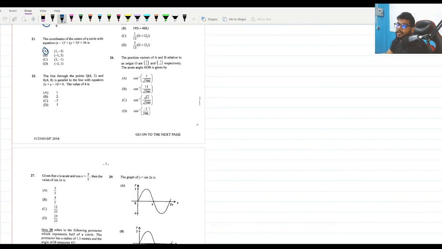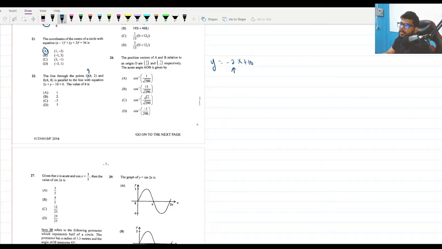So I'll calculate the gradient of this line here in the question. So y is equal to minus 2x plus 10. So the gradient is minus 2. So the gradient of QR is supposed to also be minus 2.